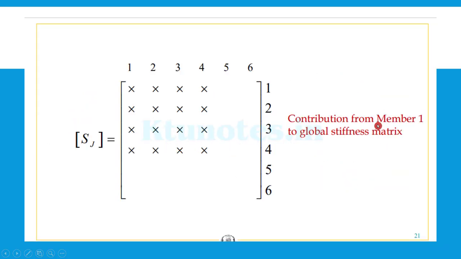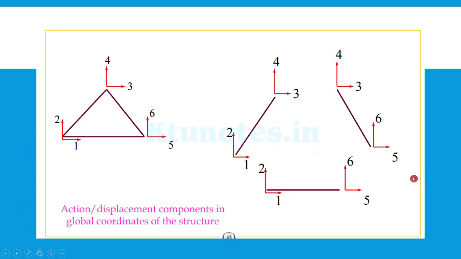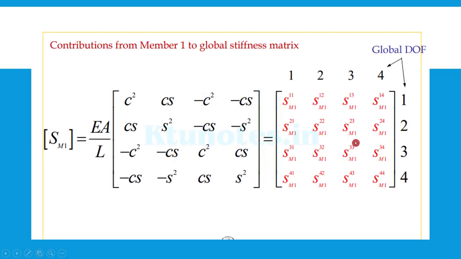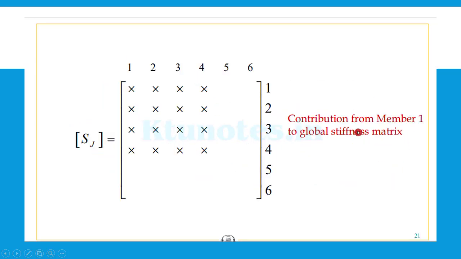Even though it is a 6 by 6 matrix with 6 degrees of freedom, this will be the total matrix, and the contribution of the first element will be the 4 by 4 matrix. And for the second element, we know it is 3, 4, 5, 6, here also 3, 4, 5, 6.